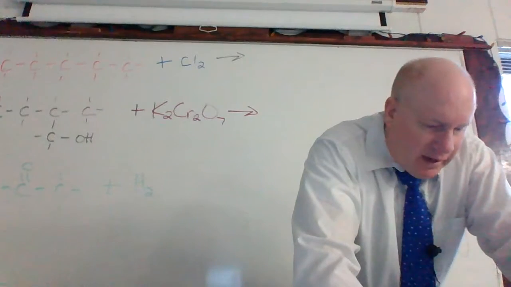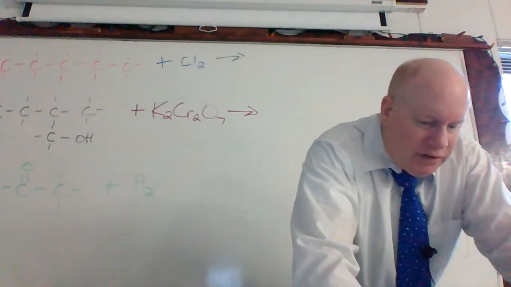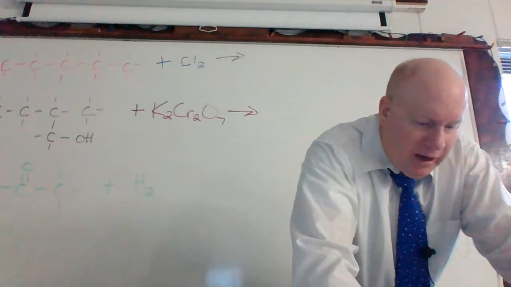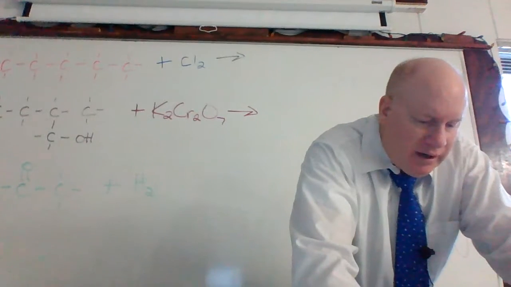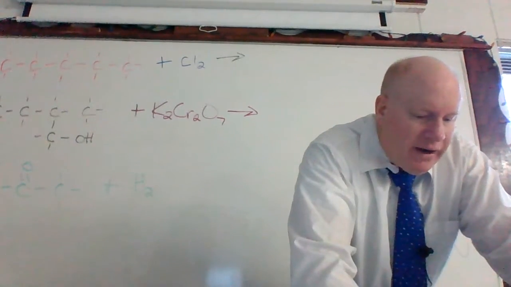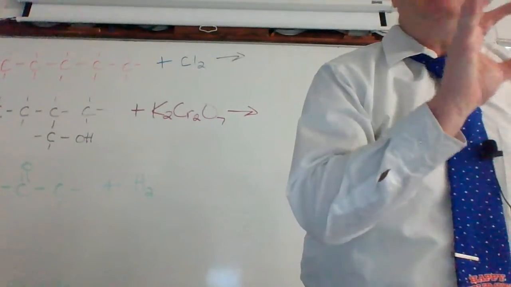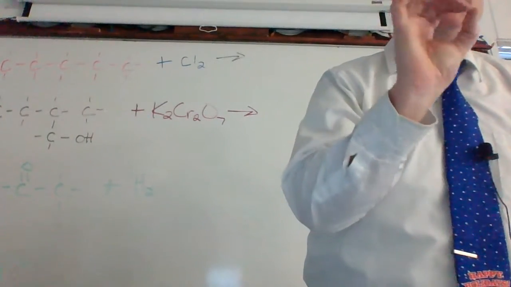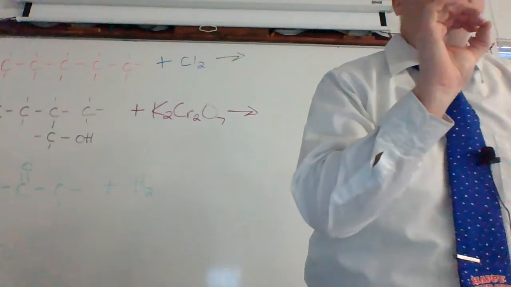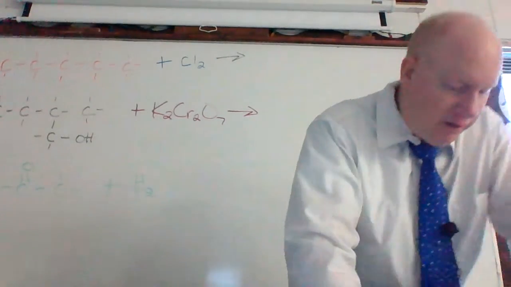Primary, secondary, and tertiary alcohols behave differently under selective oxidation conditions. Primary alcohols are oxidized in 2 stages, and that's why I can't stress enough being able to recognize the difference between a primary and secondary alcohol.